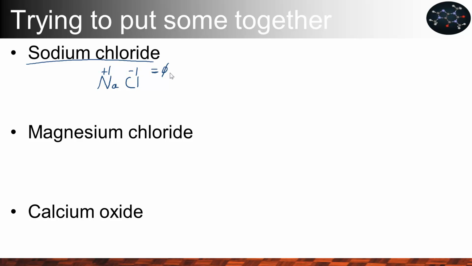We want to get to neutral because then they won't attract any more ions. They'll stay at whatever ratio they're at. So 1 to 1 is the proper ratio. And remember, we assume there's a 1 there if we've written the symbol. We don't have to draw a 1 subscript next to either of these things. So NaCl is the proper formula for the thing that has the name of sodium chloride.